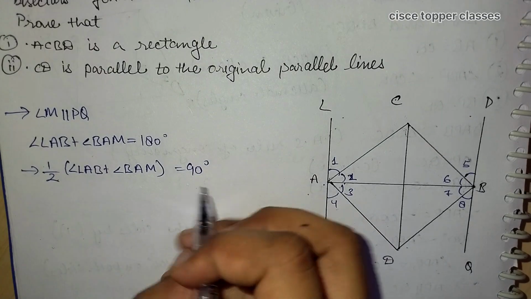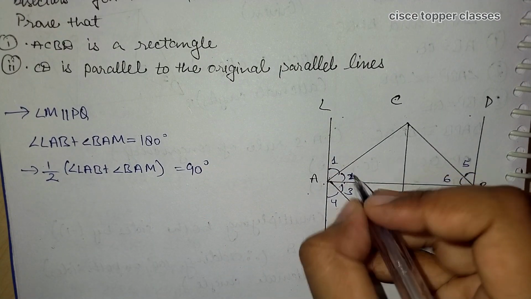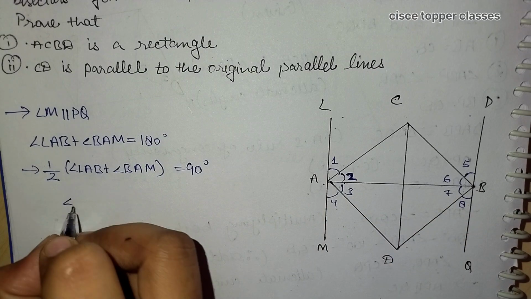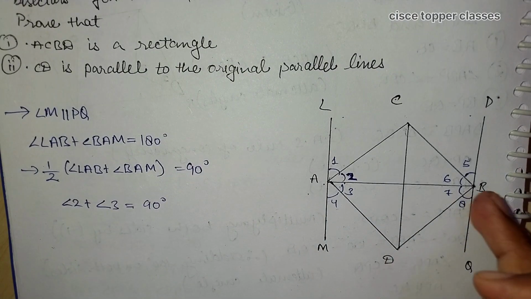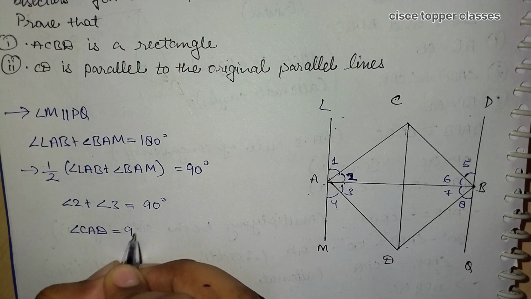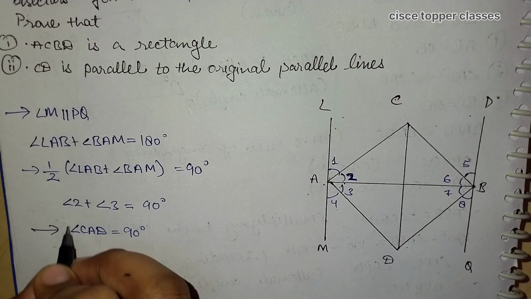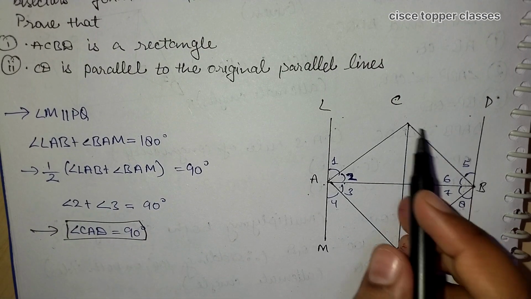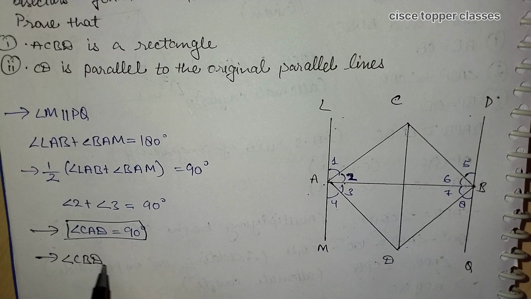And as we have just multiplied it with half, we can write this as this is also a bisector, as angle 2 plus angle 3 is equal to 90 degree, and the whole angle CAD from it is equal to 90 degree. Similarly we can prove for angle CBD, this is also 90 degree.